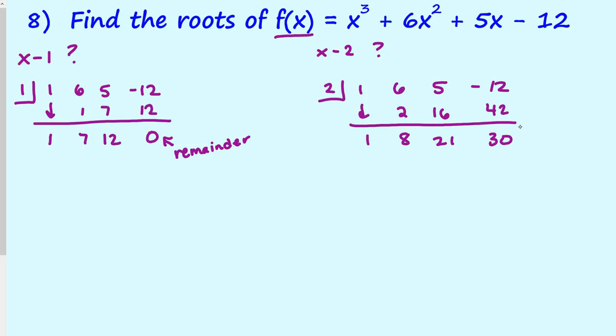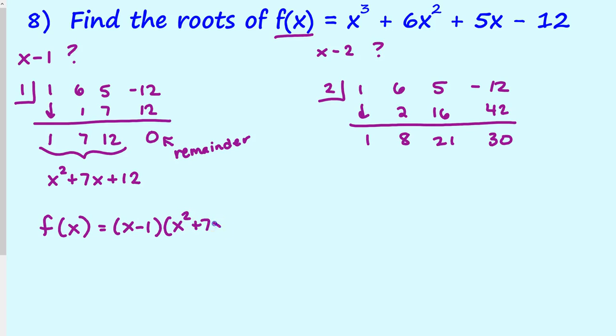What I'll do now, though, since I know this video is getting long, is I'll finish the problem. So remember that what we have left here represents x squared plus 7x plus 12. So f of x has now been factored into x minus 1 times x squared plus 7x plus 12.